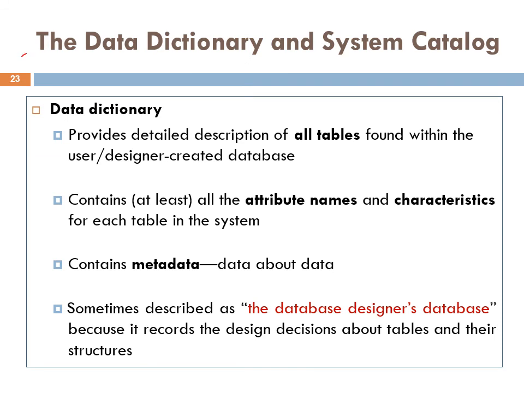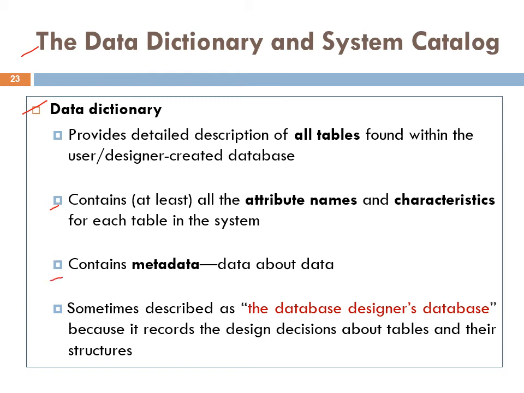Okay, next topic is data dictionary and system catalogs. Data dictionary provides a detailed description of all tables found within a user or designer created database, right? It contains at least all the attribute names and characteristics for each table in the system.